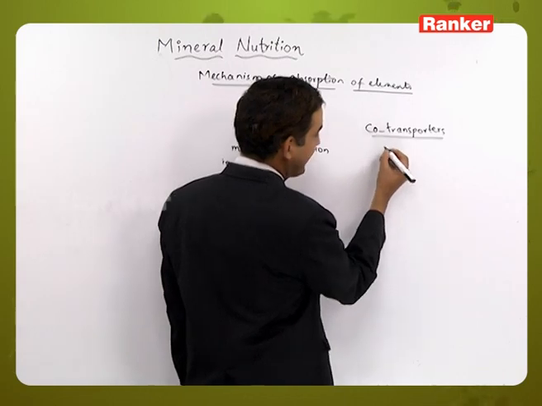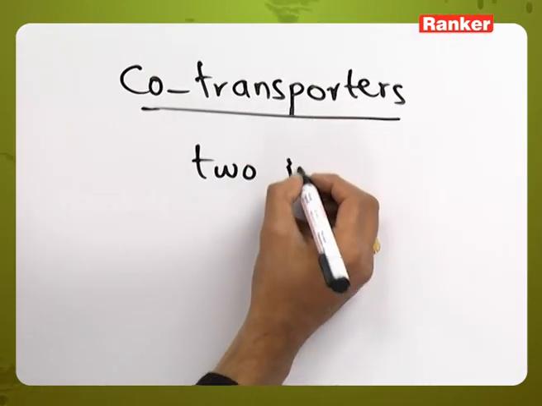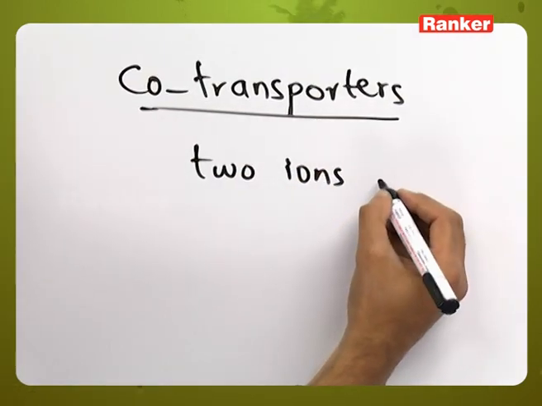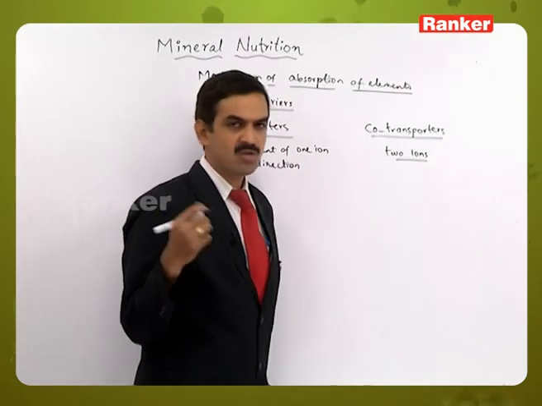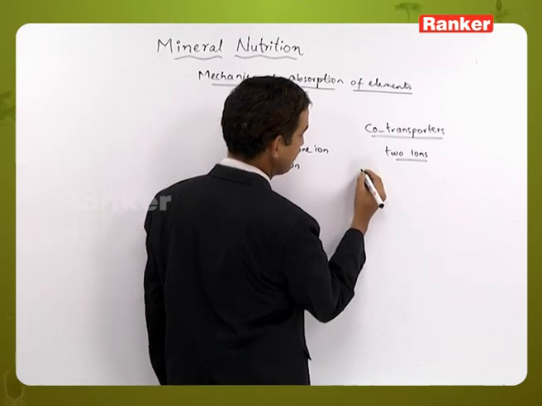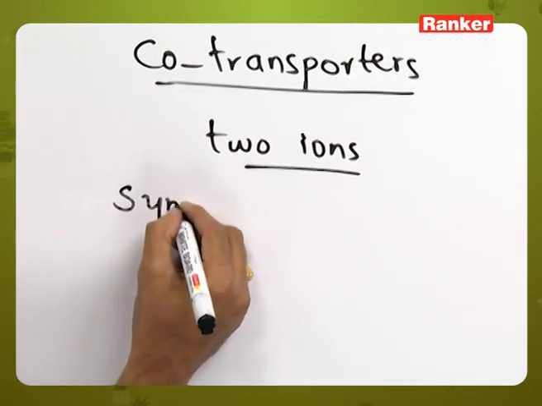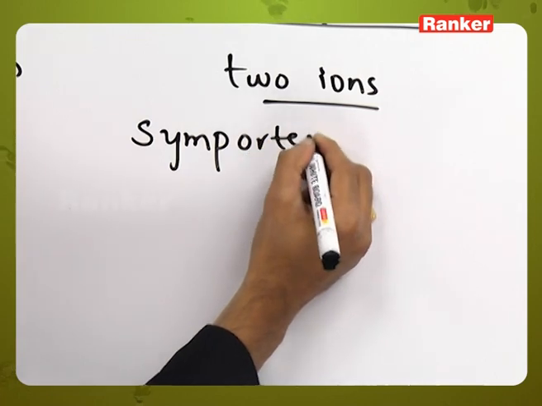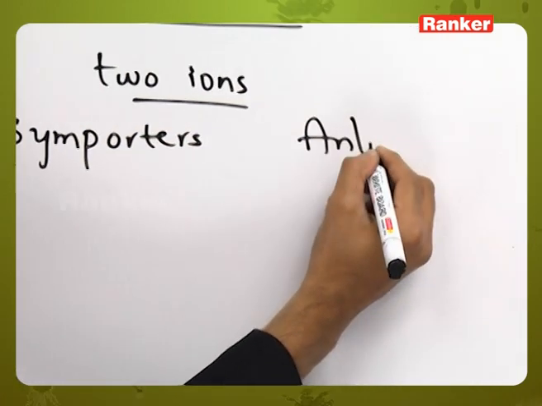And in co-transporters, two ions will move at a time. Based on the direction of movement, there are two types of co-transporters, called symporters and antiporters.